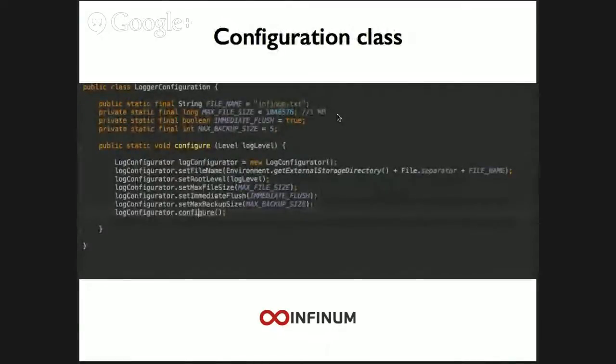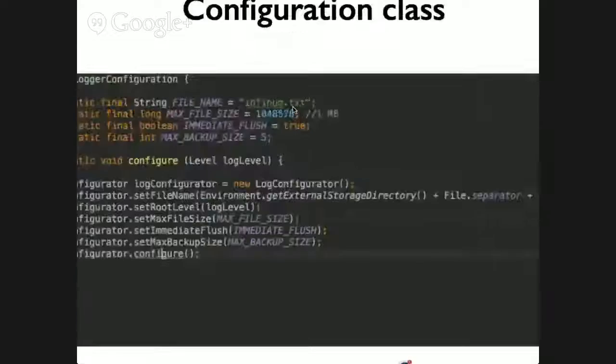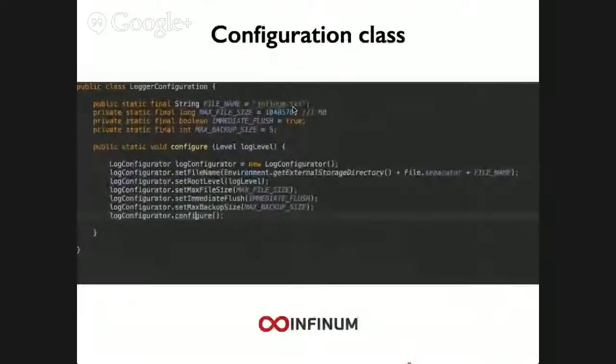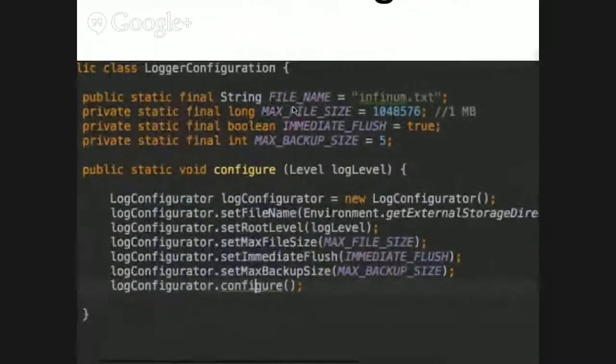Next, you need to create a configuration class. This is actually the only class you need to create in order to use this library. You can set the file name. You can set the maximum file size. This file size is strange, but nowhere in the documentation can you find in which unit it is.